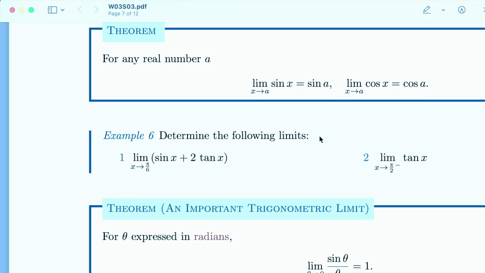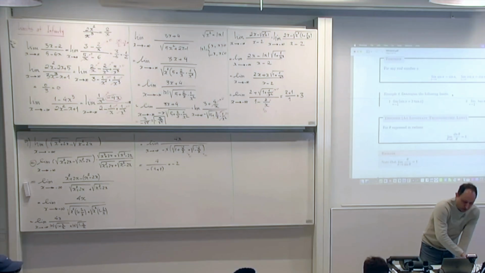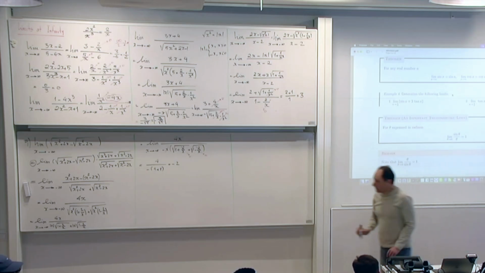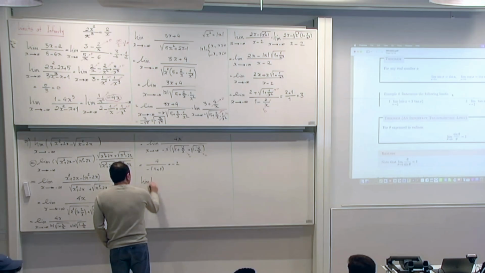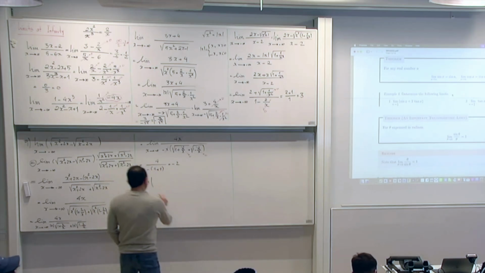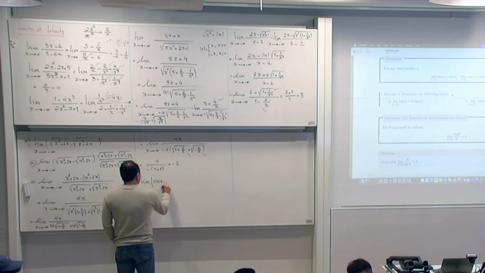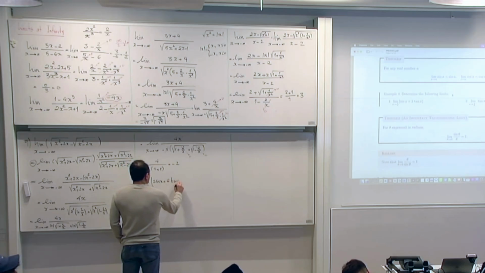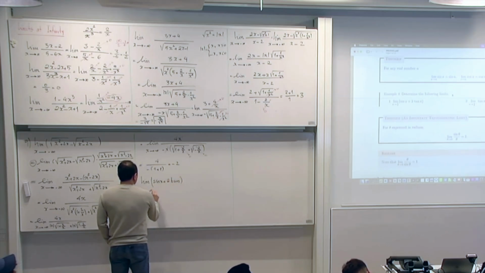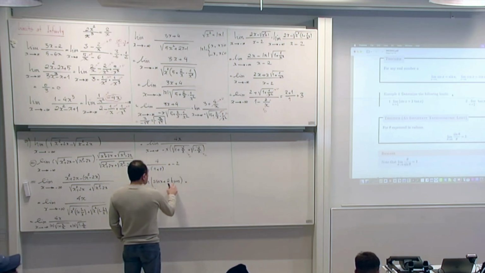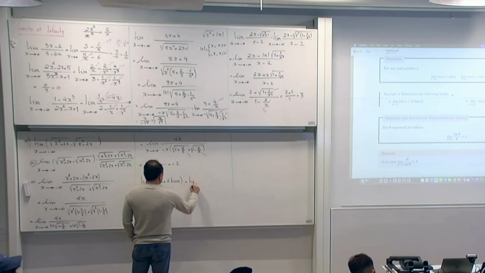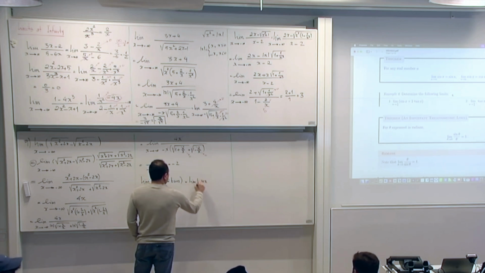So let us, for example, solve these two problems. They are simple. The limit of, what is the first one? Sine x plus 2 tangent x, x goes to pi over 6. One thing I know is that tangent is sine over cosine.